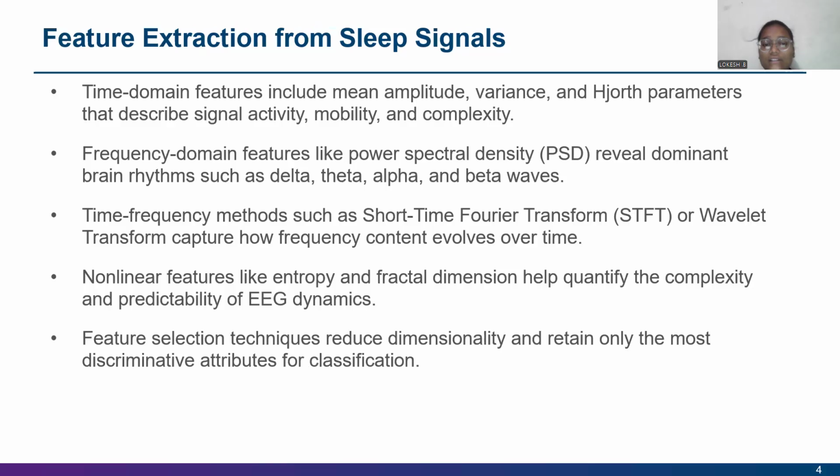The time frequency methods such as STFT or wavelet transform capture how frequency content evolves over time. The feature selection techniques reduce dimensionality and retain only the most discriminative attributes for classification. These are the feature extraction from sleep signals.